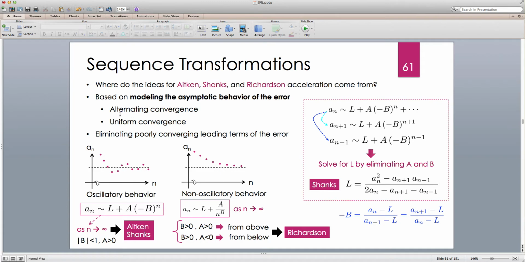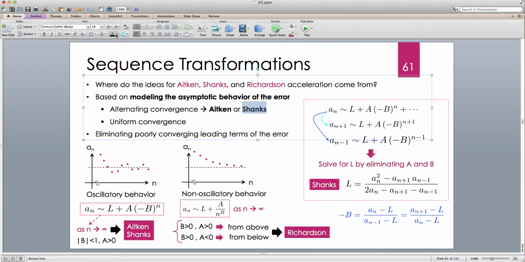If we have an alternating convergence, we know that we have to use Aitken or Shanks, right? Aitken or Shanks. But why?